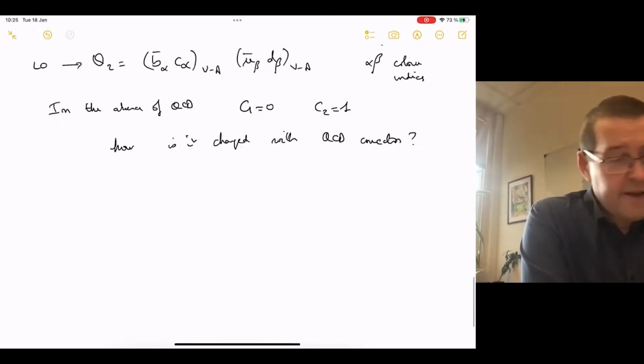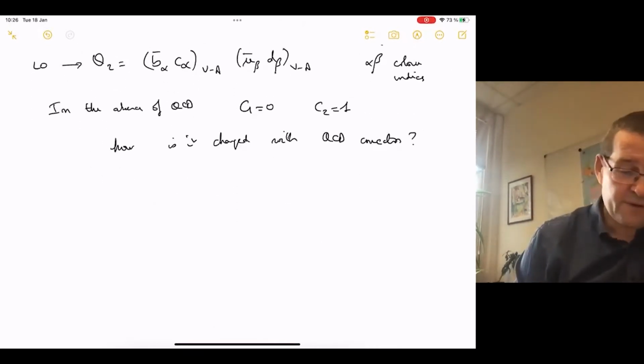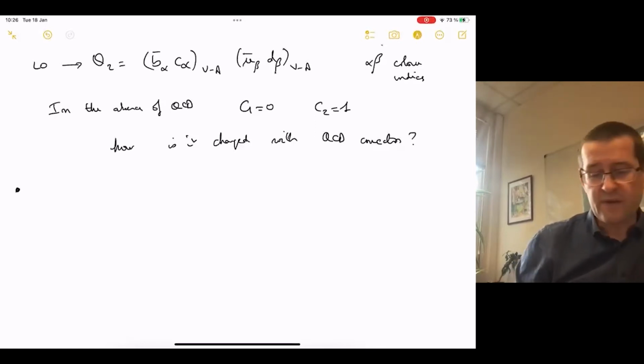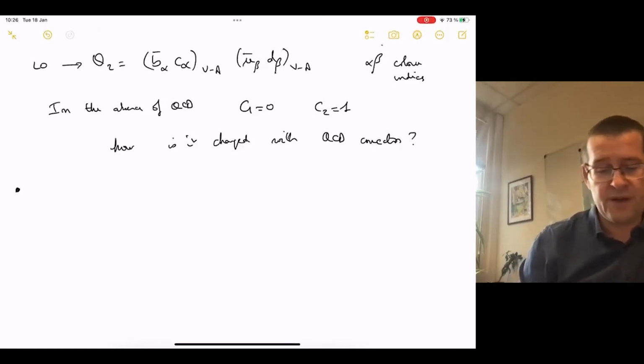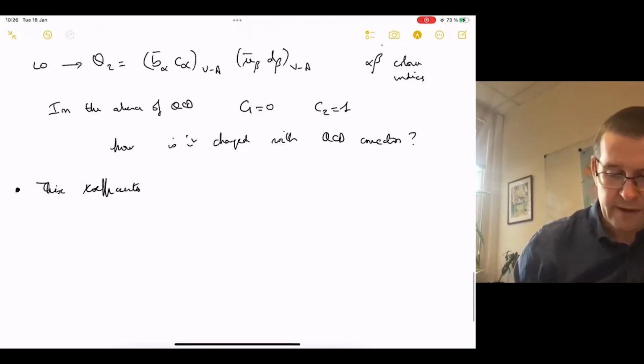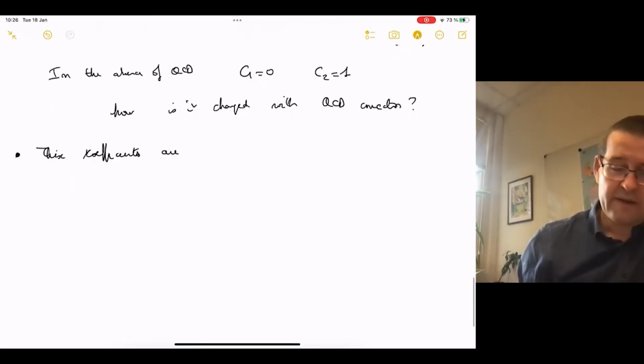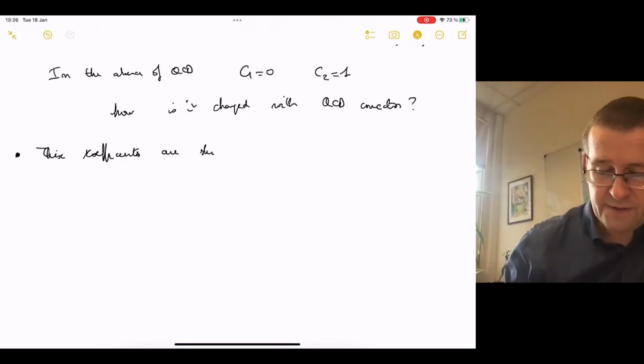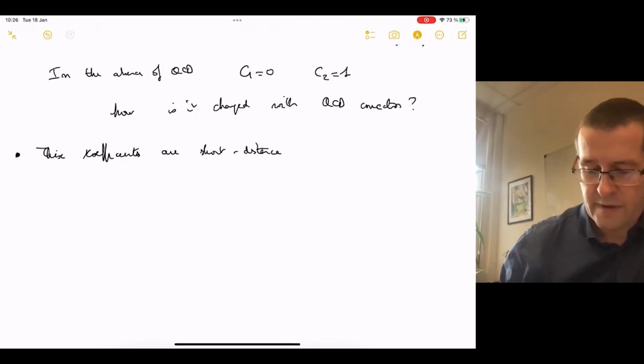Okay, and so if I want to do that, in principle, the idea is that these coefficients are short distance contributions.